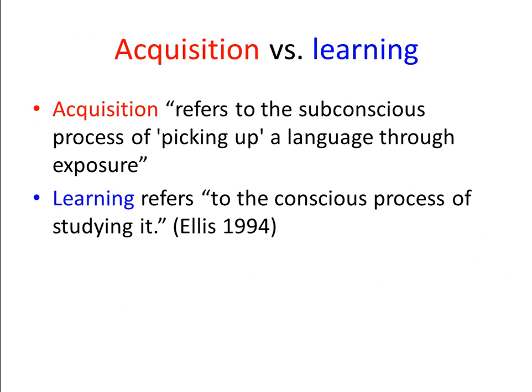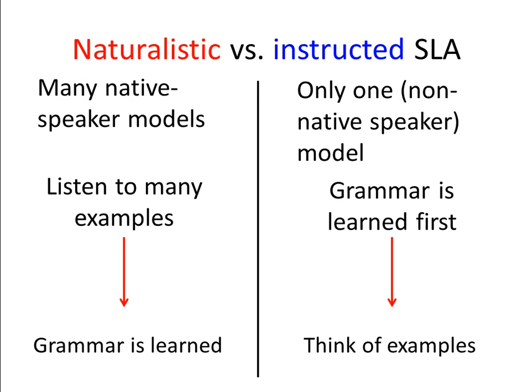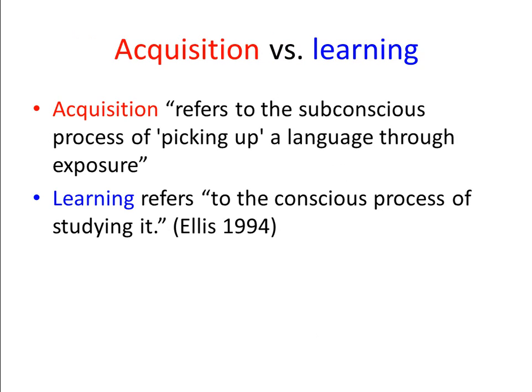And this distinction, acquisition versus learning, is related to naturalistic versus instructed second language acquisition. So here, acquisition refers to the subconscious process of picking up a language through exposure, and in contrast, learning refers to the conscious process of studying it.